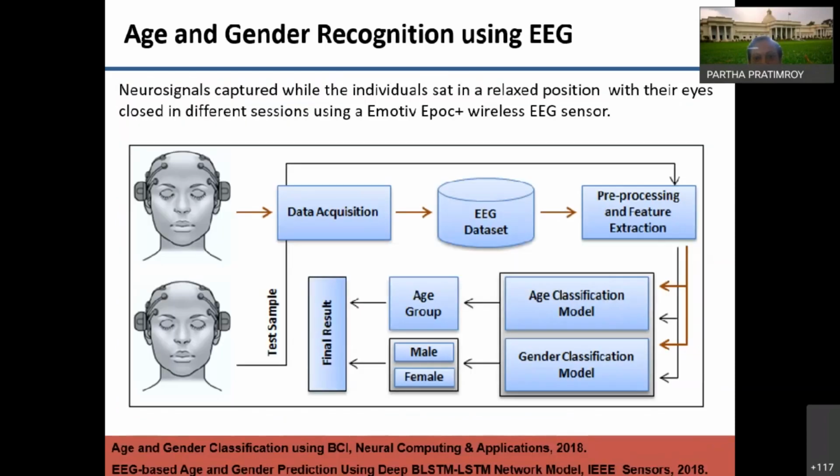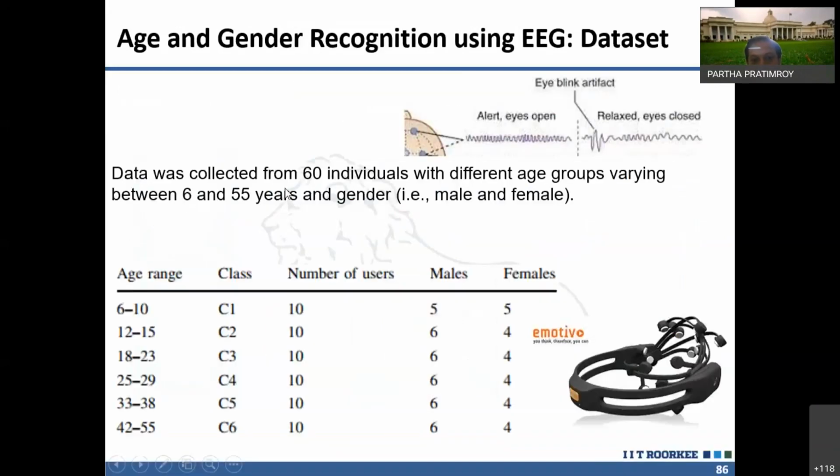For example, if I give you age and gender recognition using EEG, we will have EEG data sets from some people. From 60 individuals we collect the EEG signals, and for example 6 to 10 years is class 1, 12 to 15 years is class 2, like this different age groups and gender groups.